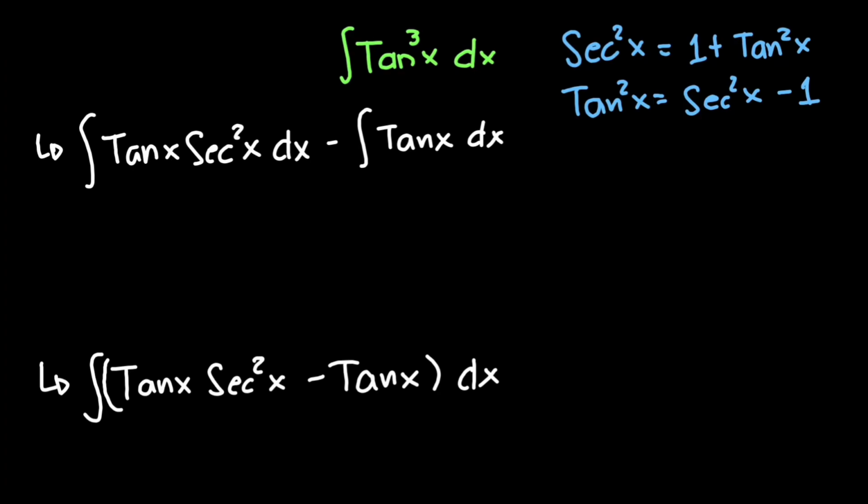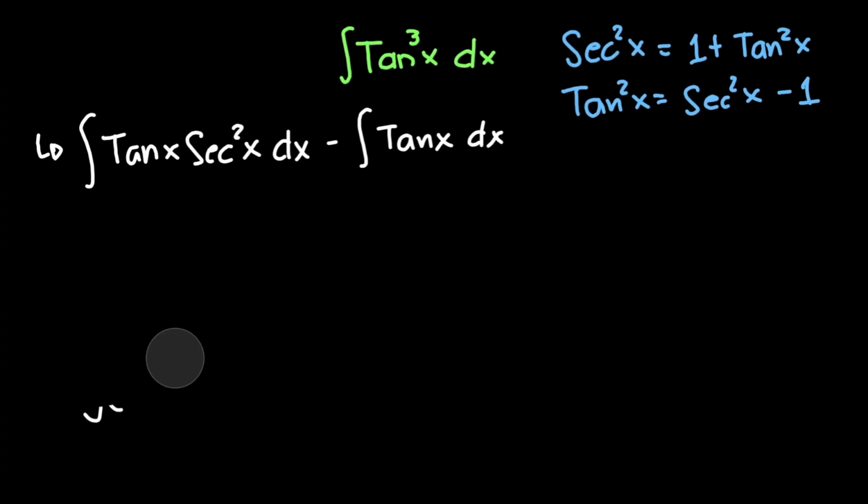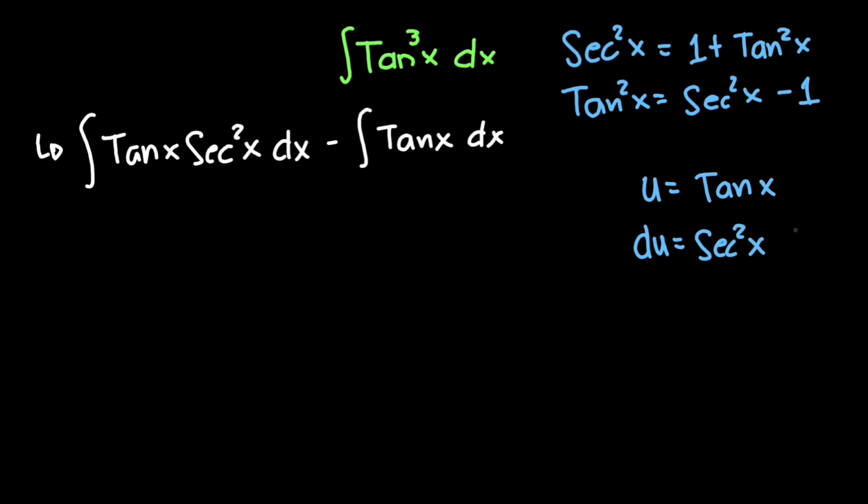Let me just erase this first. And so, let us focus first on the first part of the integral. Let u here in this case be tangent of x. And so, the derivative of tangent of x would be equal to secant squared of x, and multiply this by dx. So, dx right here would be equal to du over secant squared of x.